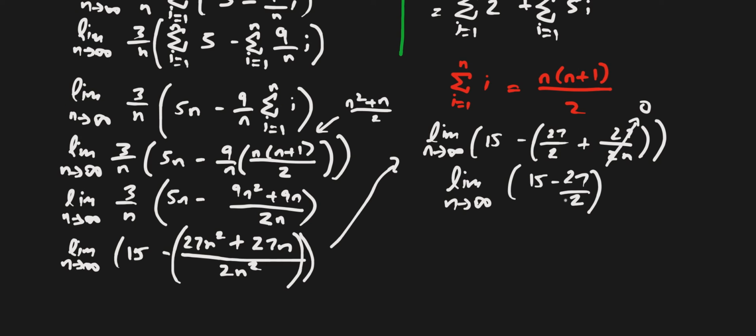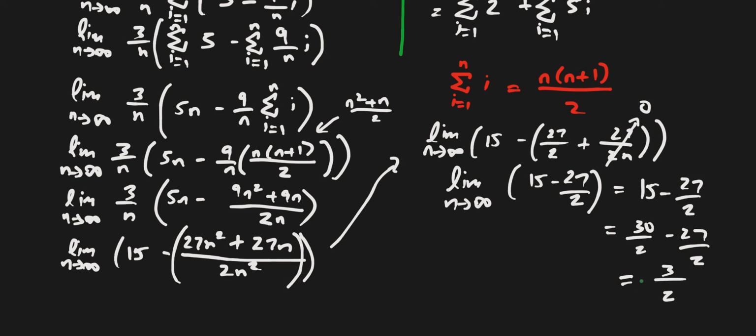And this is going to be equal to 15 minus 27 over 2. 15 can be written as 30 over 2 minus 27 over 2, which is just, drumroll, 3 over 2. And that is our final answer.